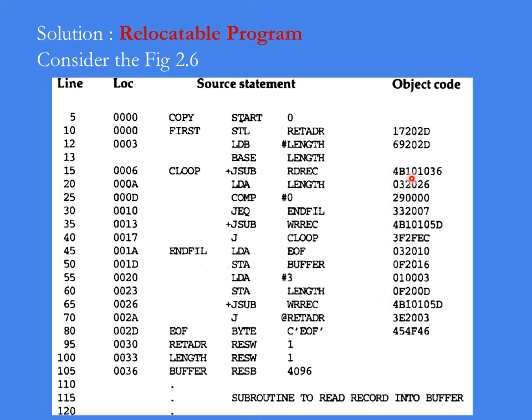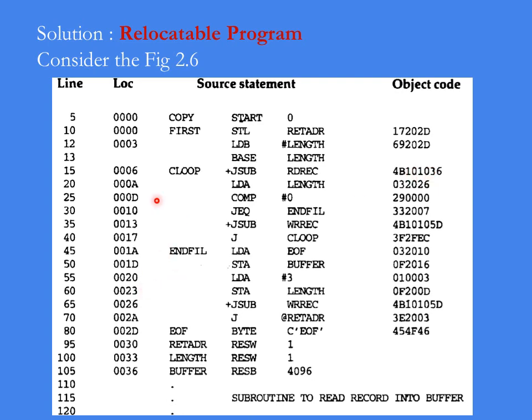Why? Because in this case, +JSUB RDREC. Here RDREC points to the location 1036, which is not there in this diagram. So what happens is, if you load the program starting from 1000, this address will still remain the same, because here RDREC, the address is 01036 itself when it got converted to the object code, because it is an absolute address which is getting stored here.